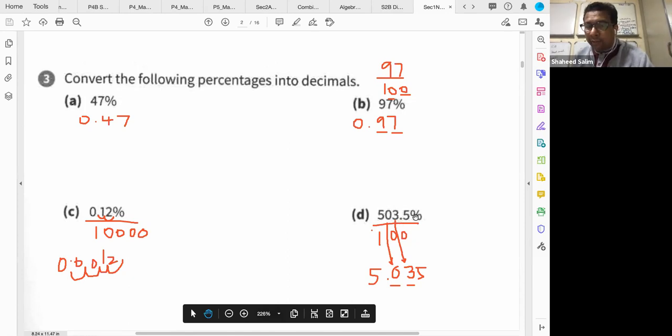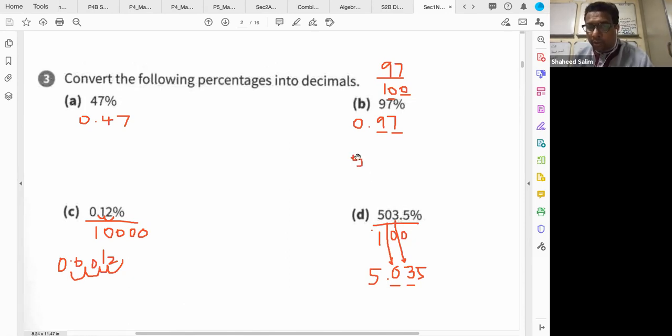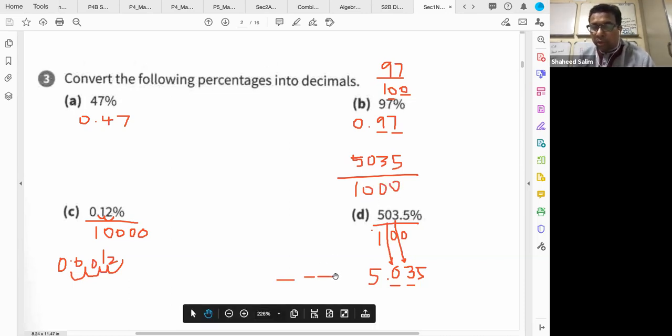Times by 10. You got 5035. Okay, good. 5035. Then below also must times 10, and 1000. 1000 has 3 decimal places. 1, 2, 3. Fit the last 3 digits. You get 5, 3, 0. Must put the dot here. So 5.035.